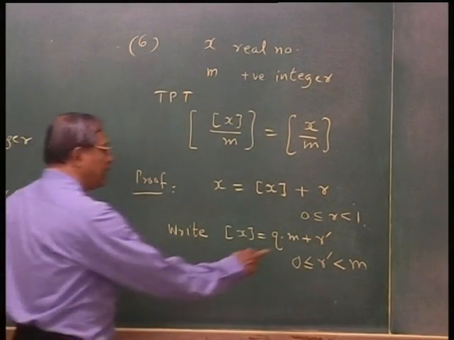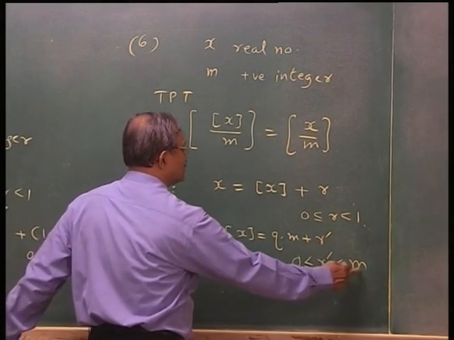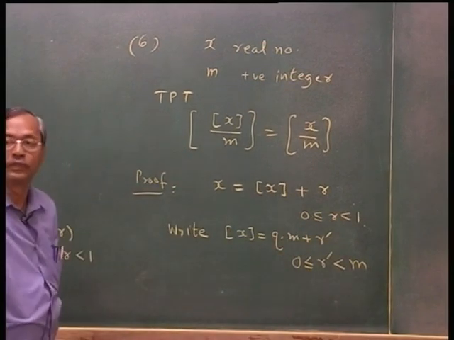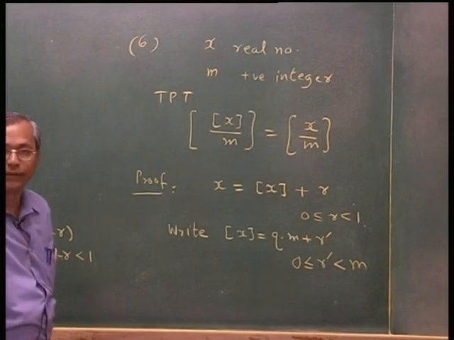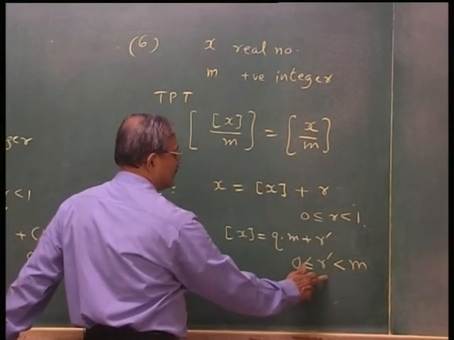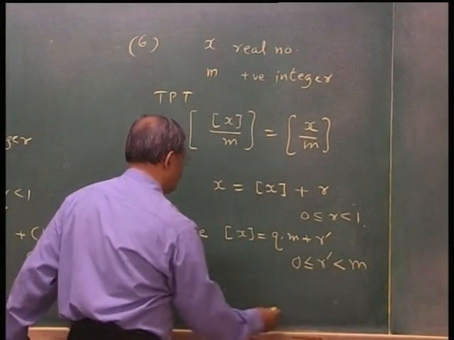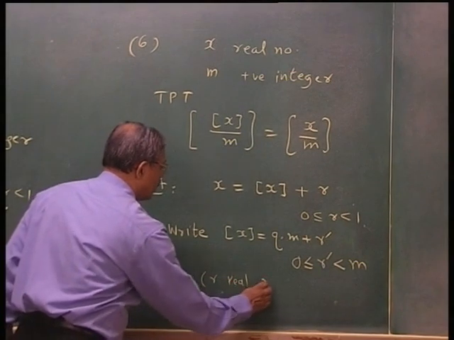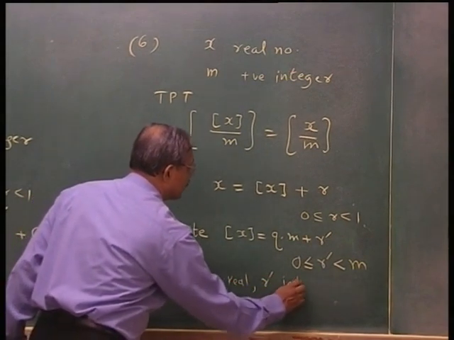Okay, r dash is an integer and it is less than m. Here this r is a real number which is between 0 and 1. That is the difference between this r and r dash. R dash is an integer. So this is r real, r dash integer.